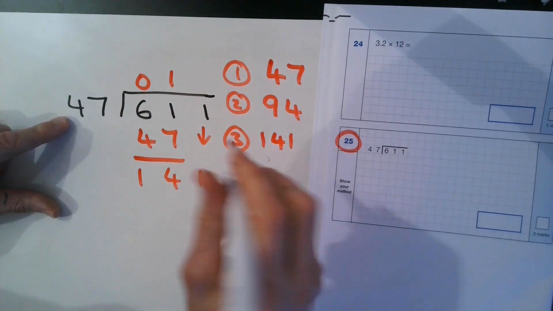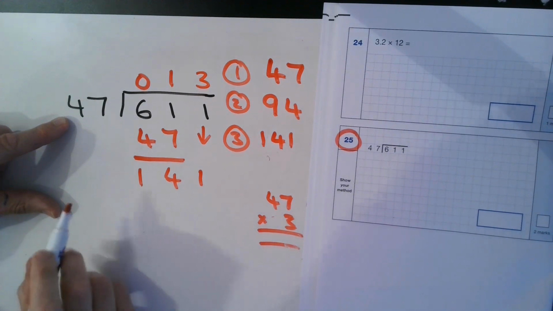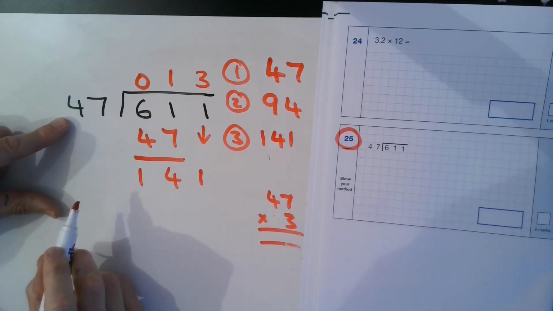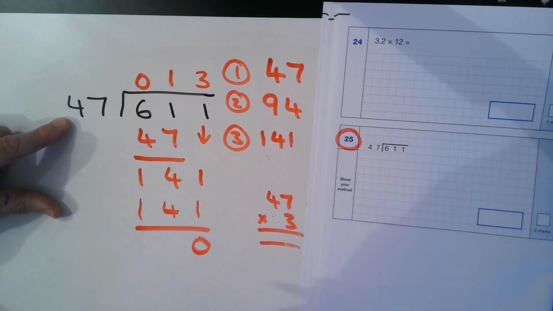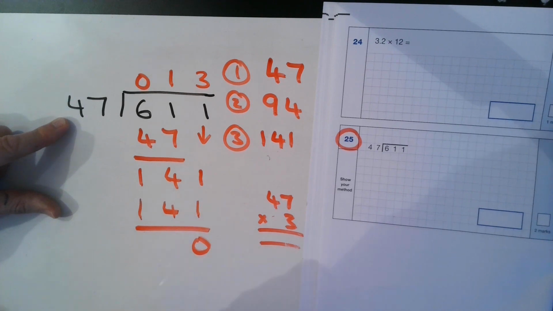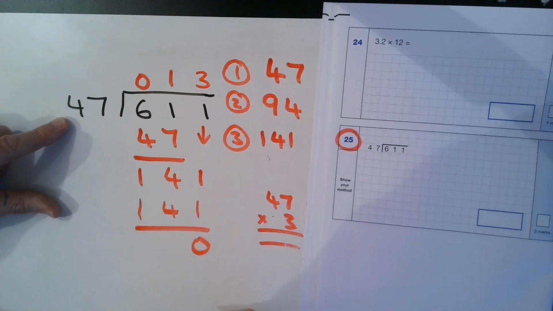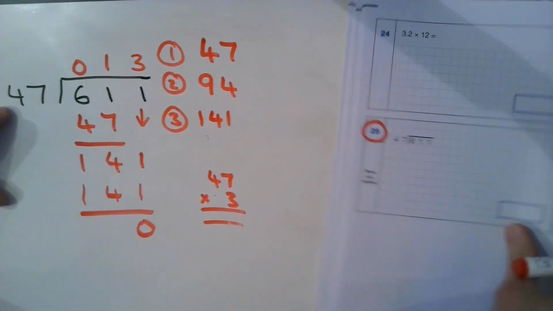That will give us 1, 2, 3. So we've got 3 there. Usually just to finish off the calculation, you can see, 3 times 47 is 141, and so we've got nothing left, no remainders at the end. So the answer to that is 13.